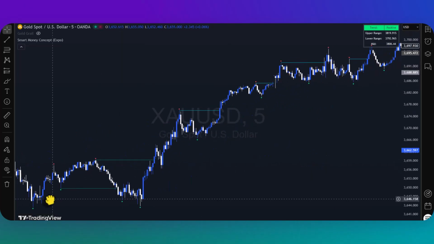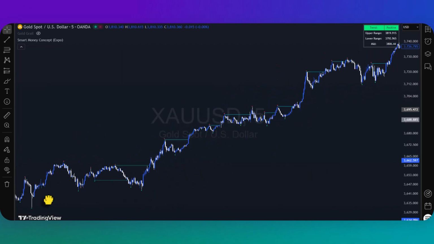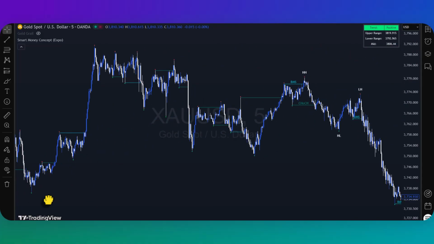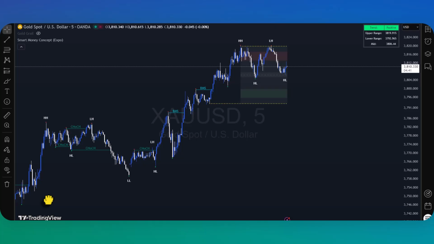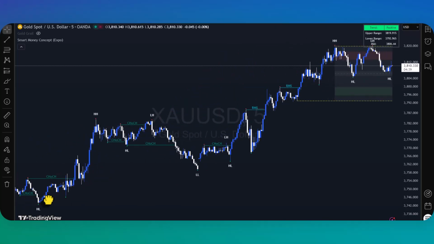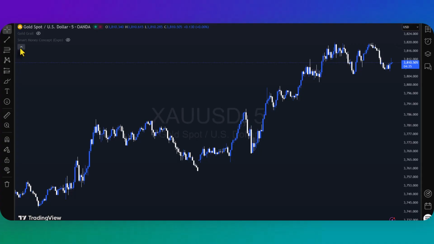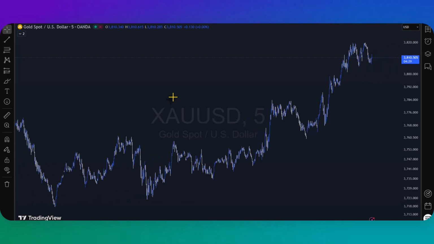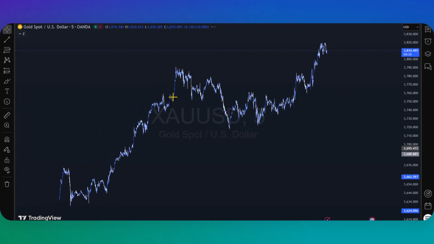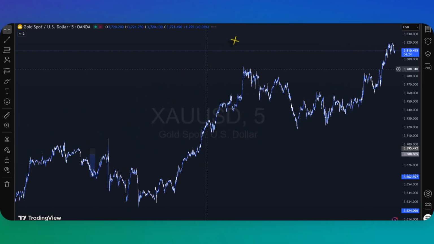So now you can see this chart on XAUUSD Gold, which is the market I trade the most often. You're going to see a lot of movement. But if we zoom out properly, you're going to see how the market moved.